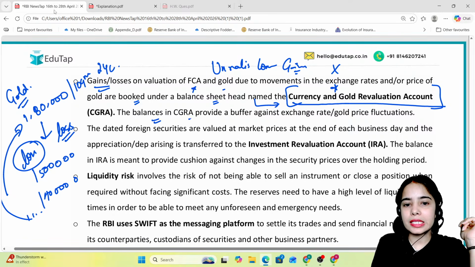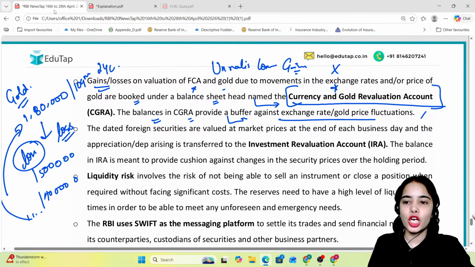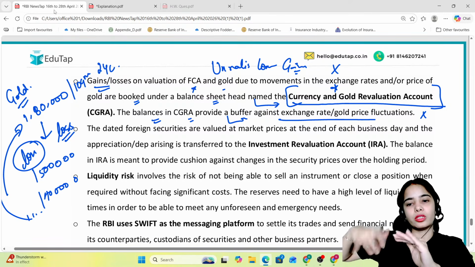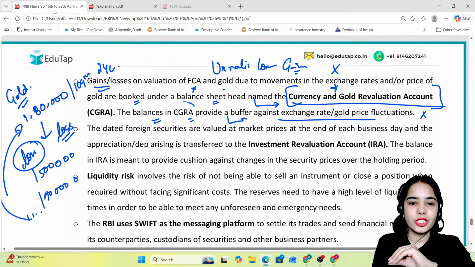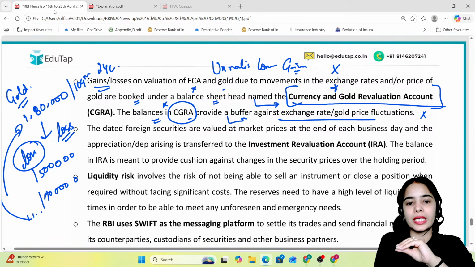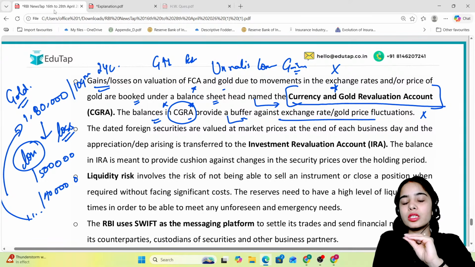The balances in the CGRA provide a buffer against exchange rate or gold price fluctuations. So there is a separate account for these fluctuations. The gold price changes or foreign currency price changes are recorded in the CGRA, so the normal income sources of the RBI are not affected.